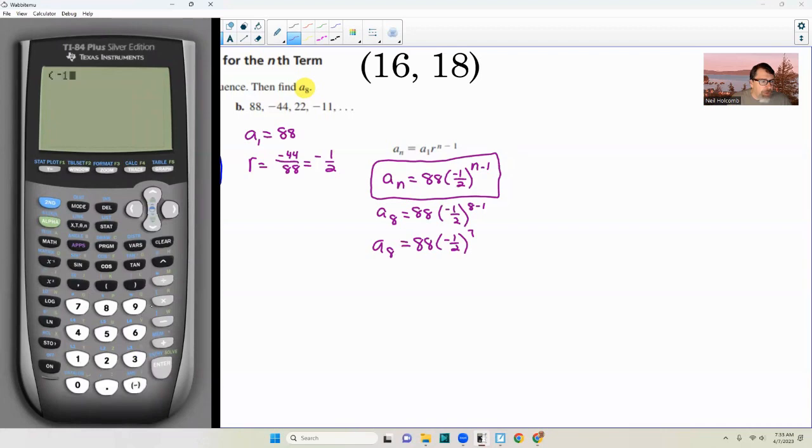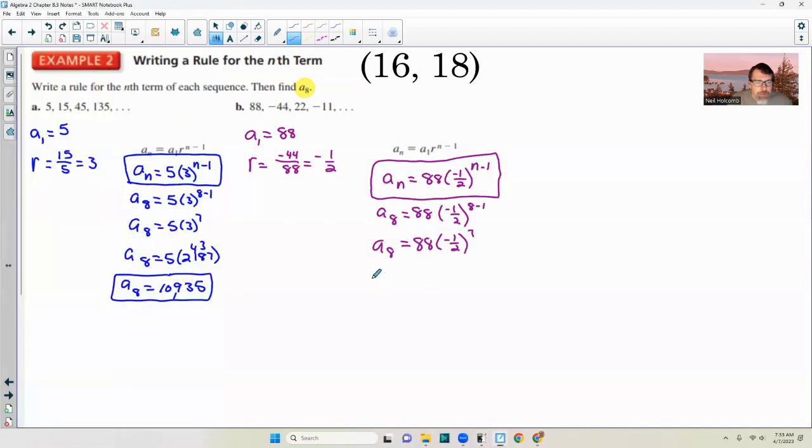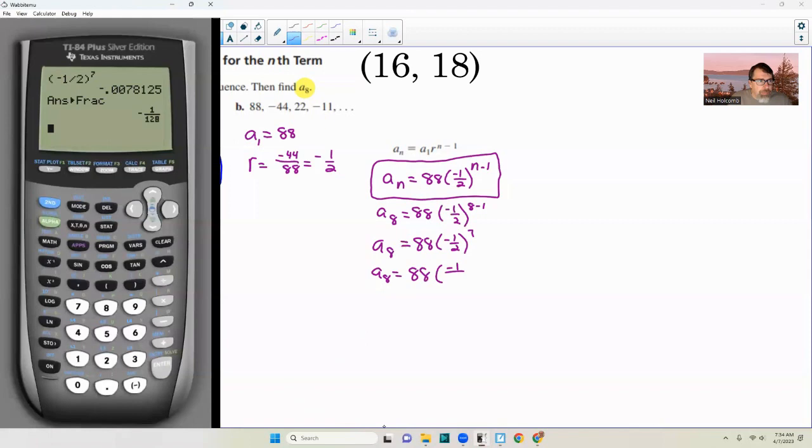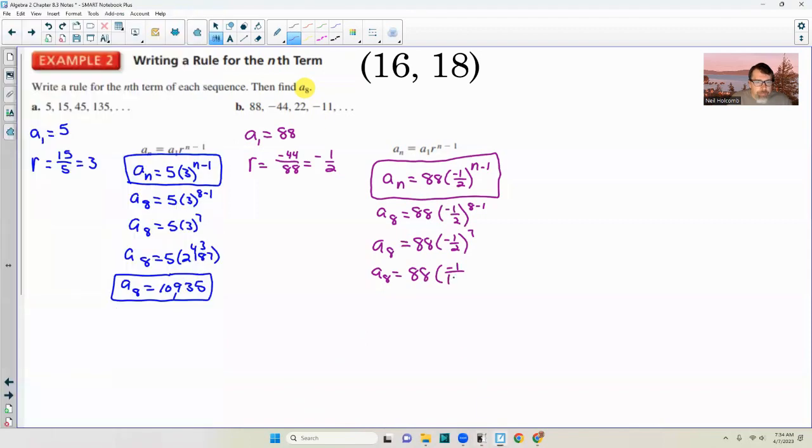Parentheses, negative 1 divided by 2, close parentheses, to the power of 7 is this. And if I hit math, enter, enter, negative 1 over 128. So a sub 8 equals 88 times negative 1 over 128.